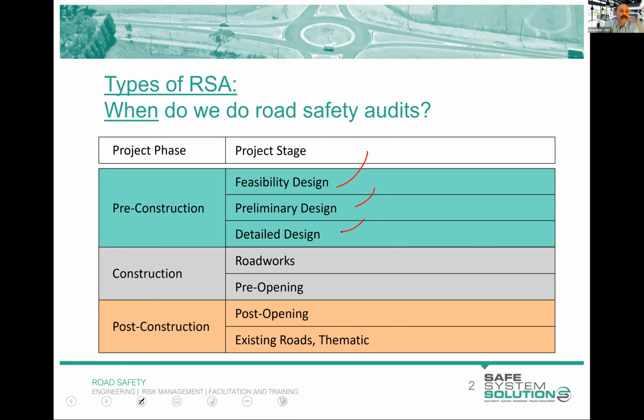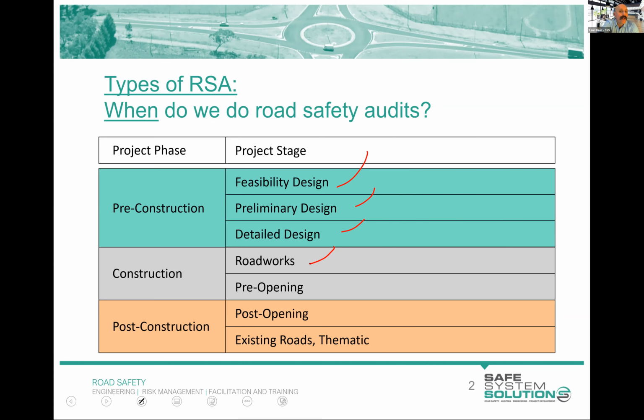The roadworks construction ones are a little bit of both. You will often assess the traffic management plan, the traffic guidance scheme, and then you'll also probably look at it once it's actually in place. So you'll look at it and imagine it installed, and you'll probably look at it once it's in to check everything's right, there's no other risks.